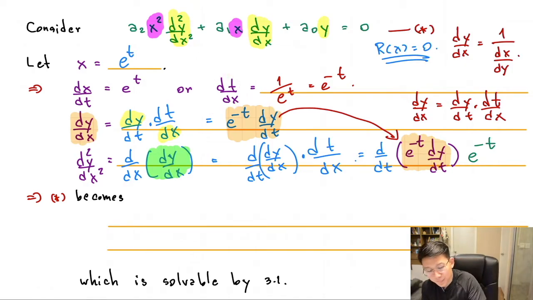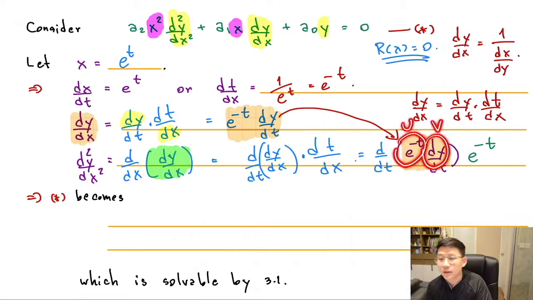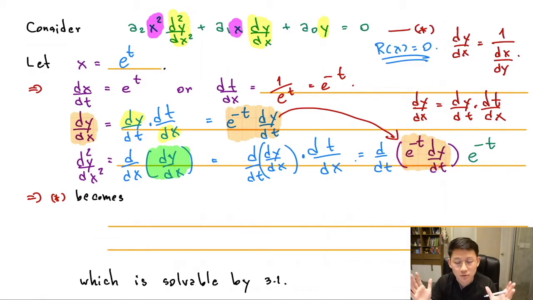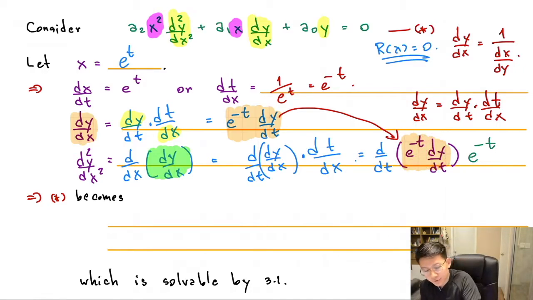So here, we need to look at this as u and v, right? So it's the derivative of uv, which is u dv plus v du, right? It's a product rule. Okay, so what we have is u dv, which would be the second derivative, right?